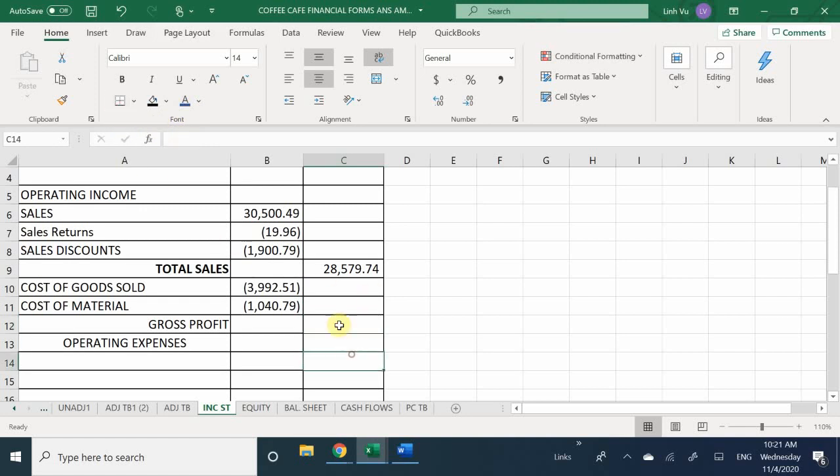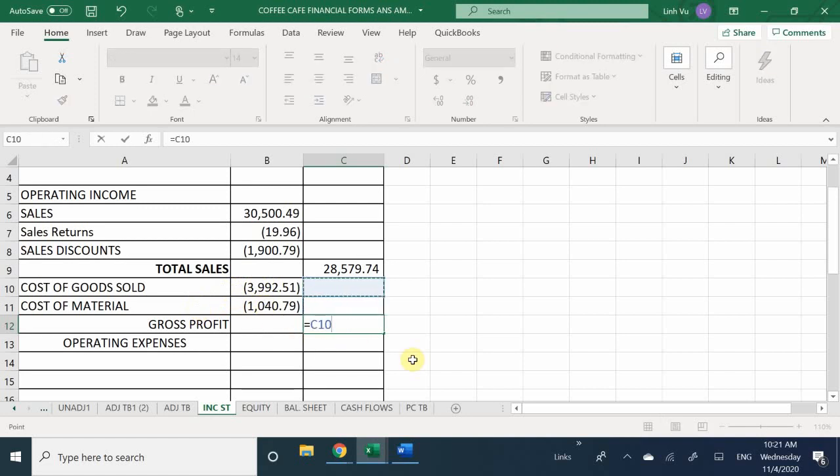So if I started out with my $28,579.74 and I have my cost of goods and my cost of materials, what is my total gross profit? 23,546.44.